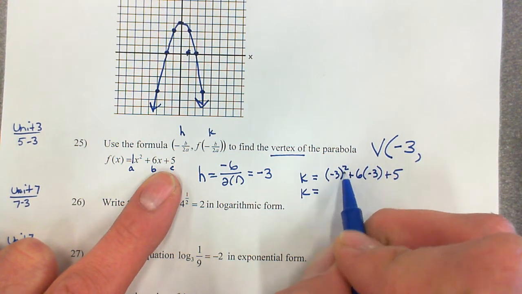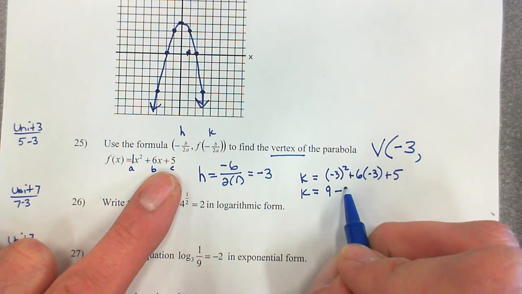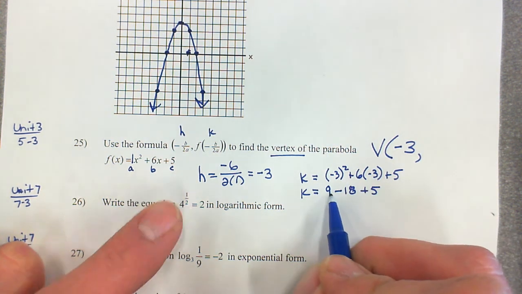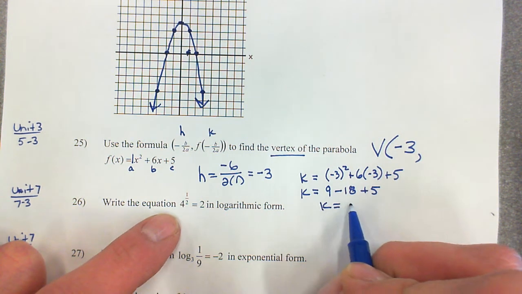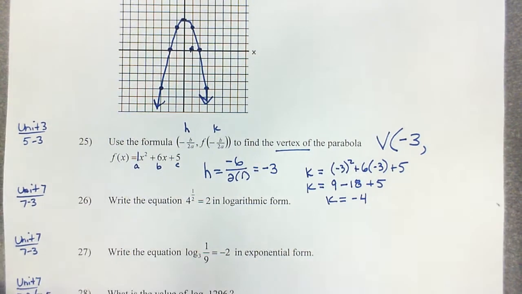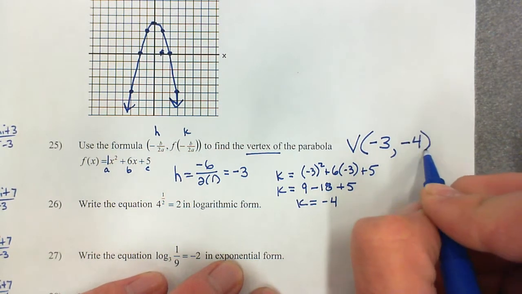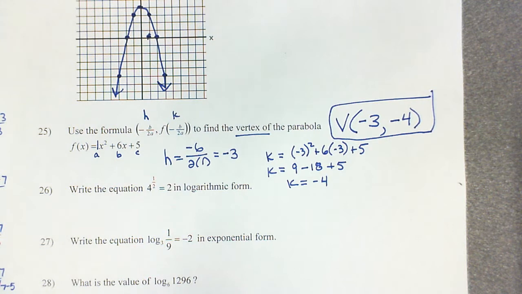So k equals -3 squared is 9. 6 times -3 is -18 plus 5. So 9 minus 18 is -9 plus 5. K equals -4. Okay? So that means your y coordinate is -4.